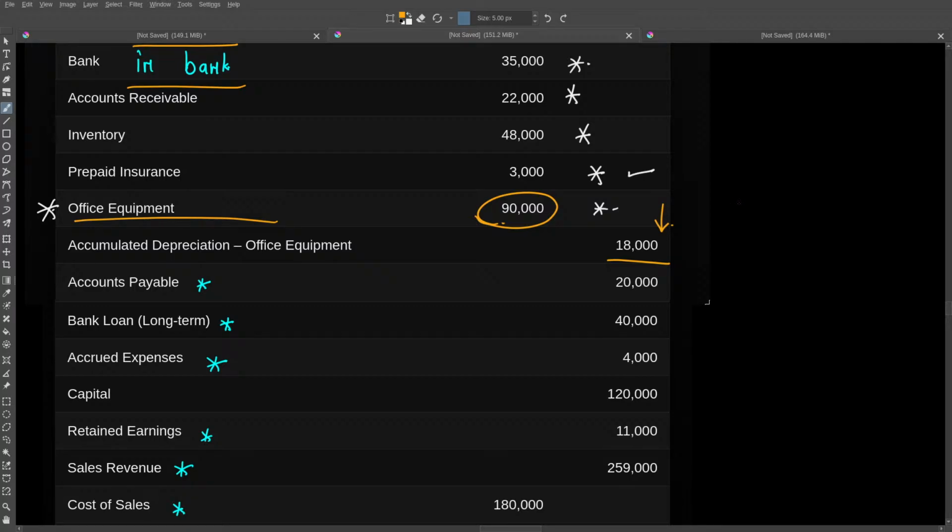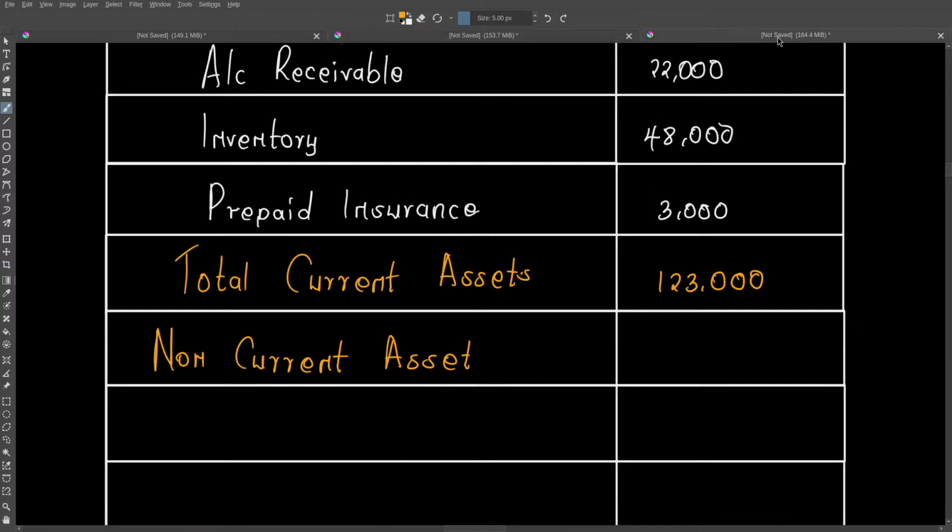We take 90,000 less 18,000, so the net book value of this office equipment is 72,000.